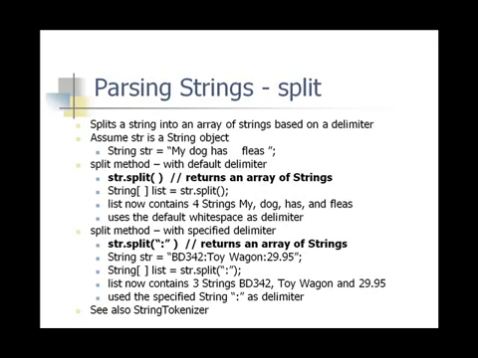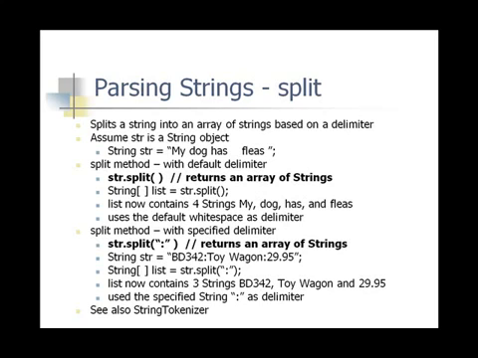In the example, "my dog has fleas", if we said str.split, it would break it up into an array with 4 strings: my, dog, has, fleas. In this case, we're using white space as a delimiter.